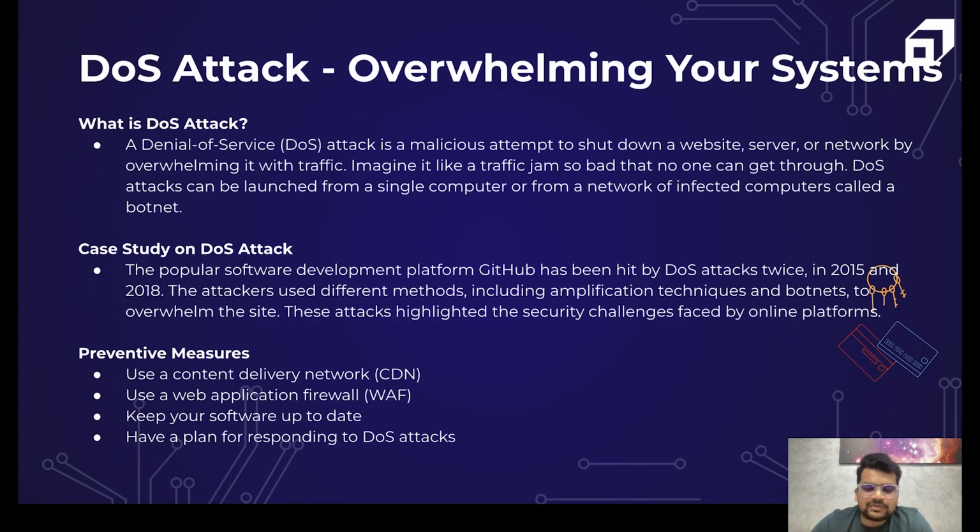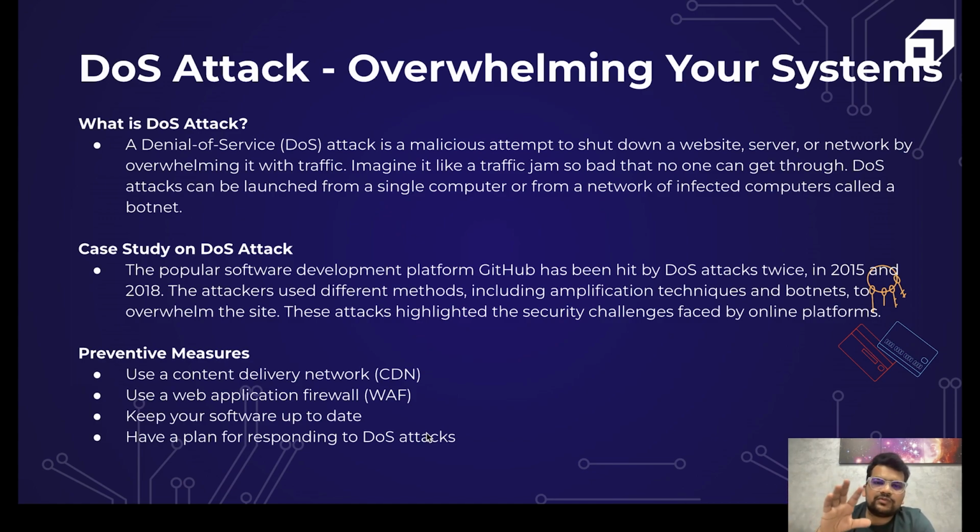So this is what is actually called a CDN. Okay, next, we have using a web application firewall. A web application firewall is again a kind of barrier which doesn't allow these types of botnets to enter your website. Okay. Next, we have keeping your software up to date and having a plan for responding to a DoS attack.